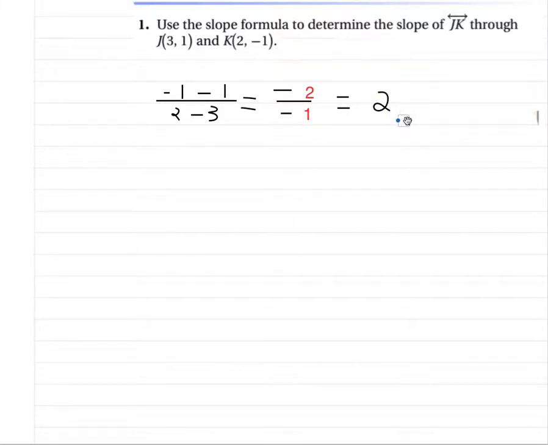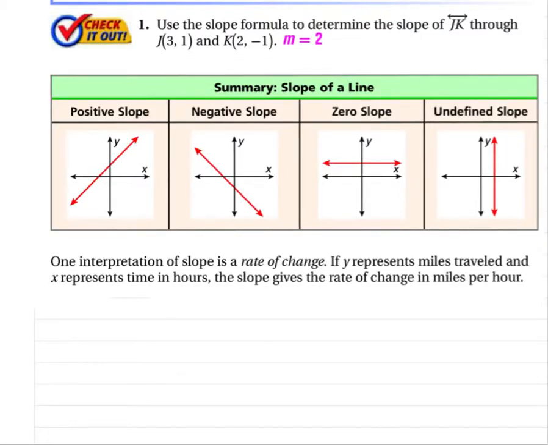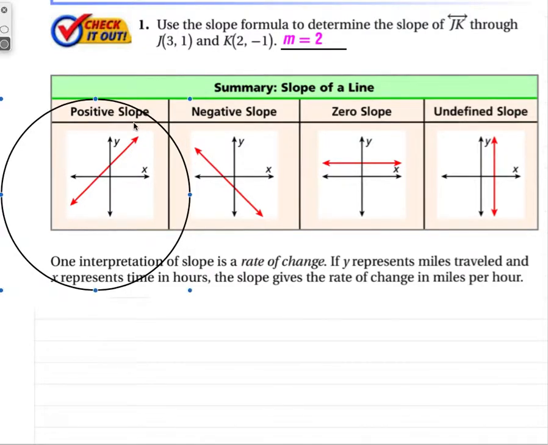Okay. Alright, I got some more information for you on the next slide. You can see right there that's the correct answer. M equals negative 2.